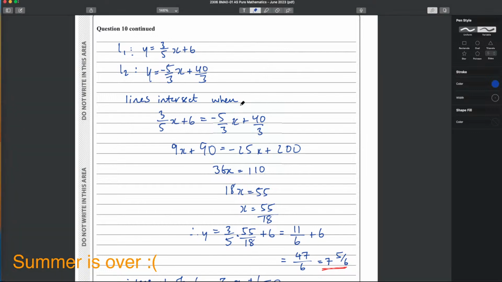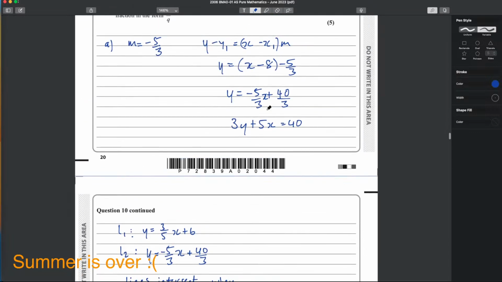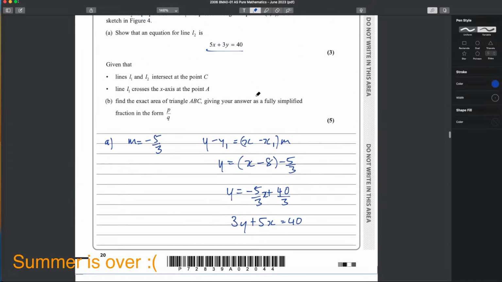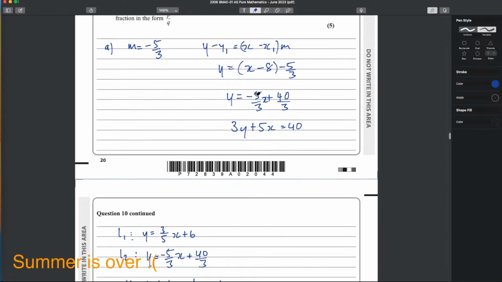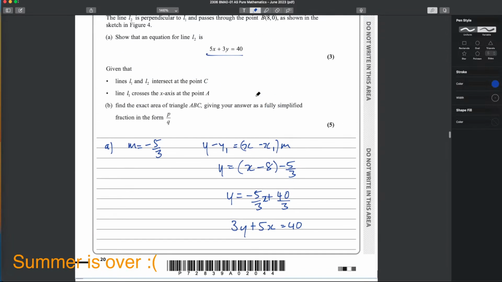Alright, let's see. Are these equations correct? Yeah. 3 on 5x plus 6.